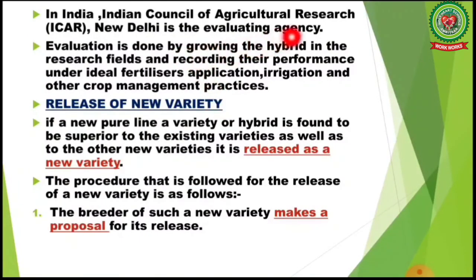In India, the Indian Council of Agricultural Research, that is ICAR, New Delhi, is the evaluating agency. Evaluation is done by growing the hybrid in the research fields and recording their performance under ideal fertilizer application, irrigation, and other crop management practices.